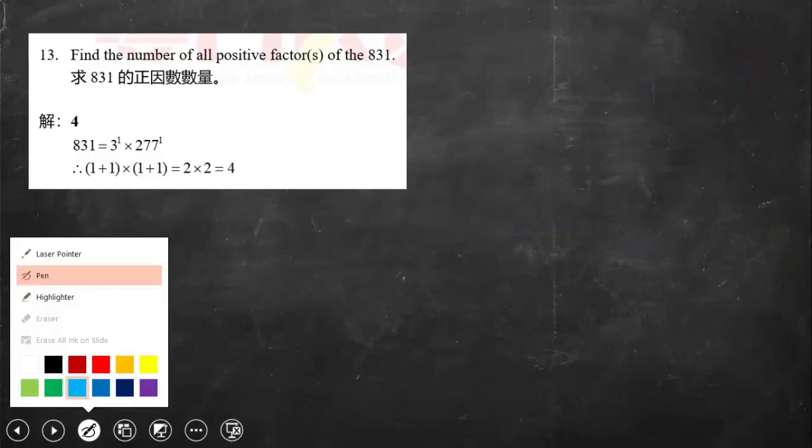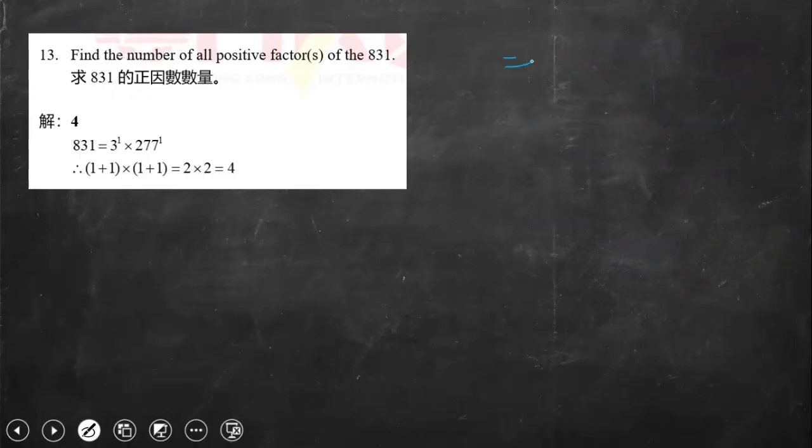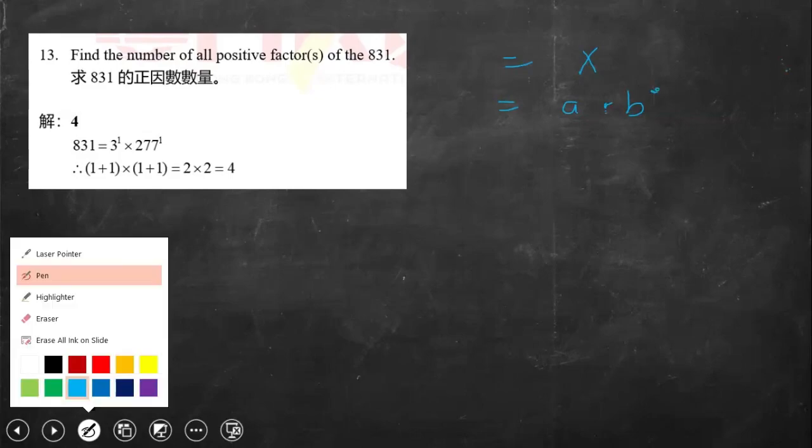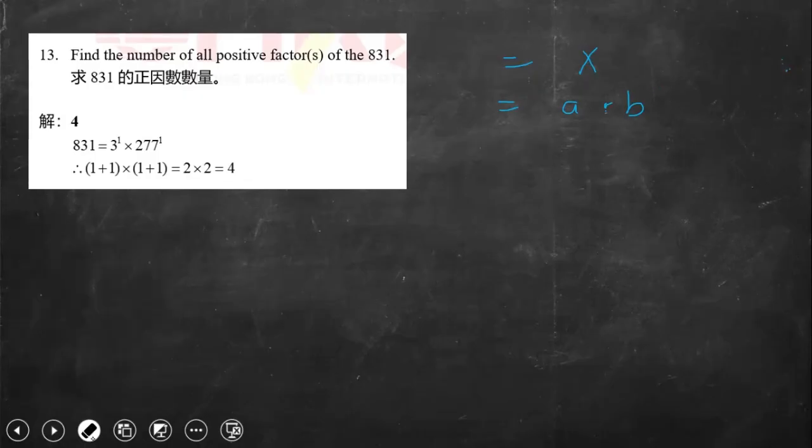Find the number of all positive factors of 831. So we need to find the number. There's a formula for this. Let's say we have a number x, and its prime factors are a and b, where a has an exponent of c and b has an exponent of d.